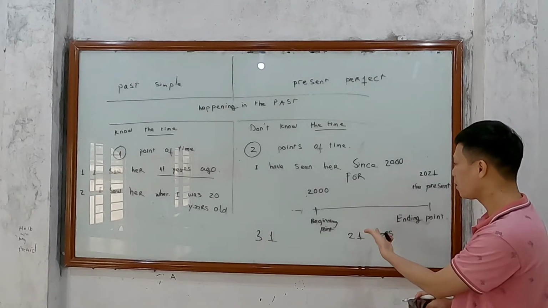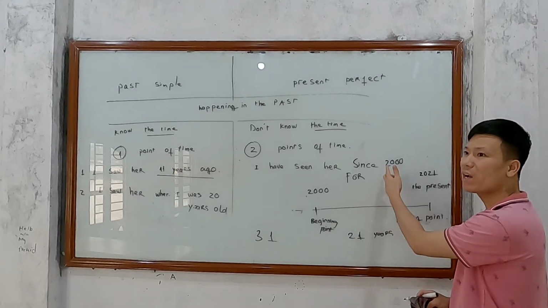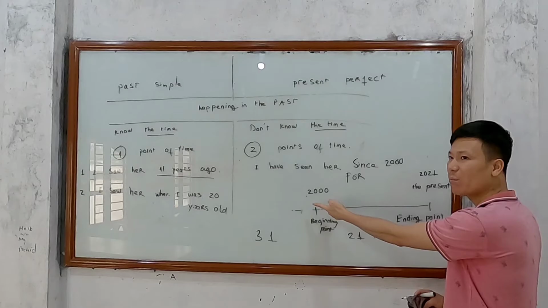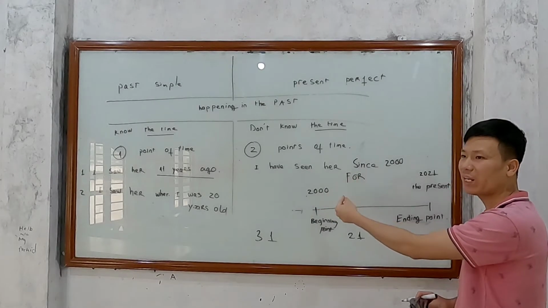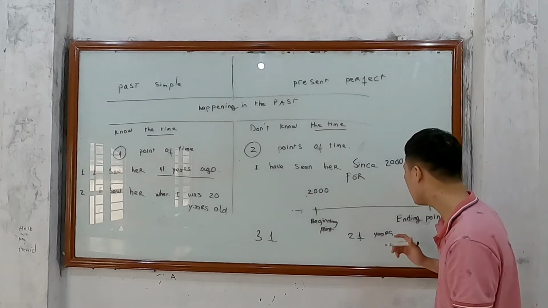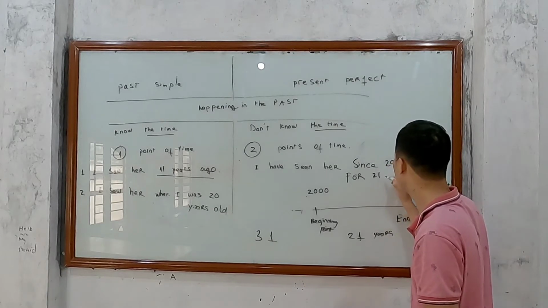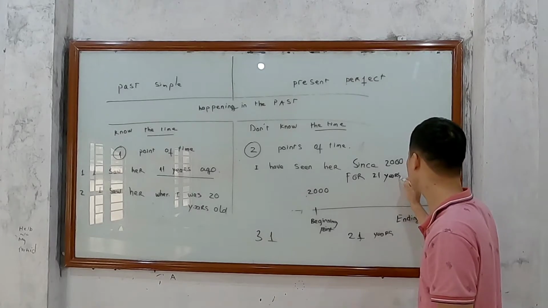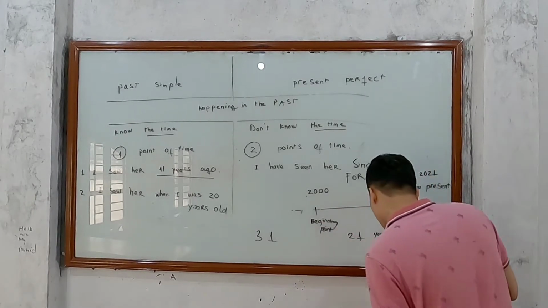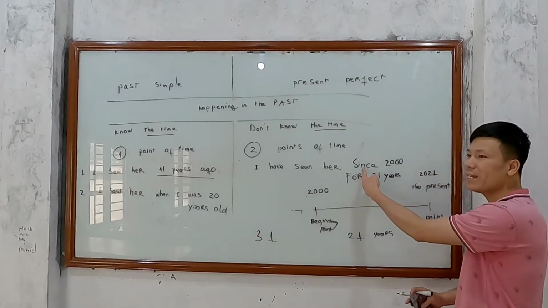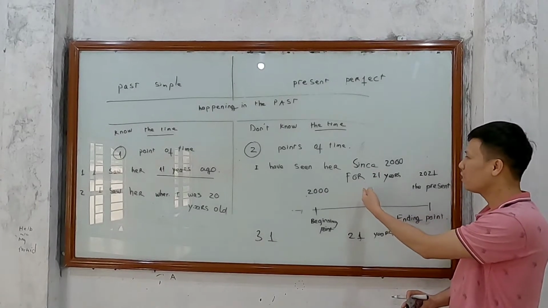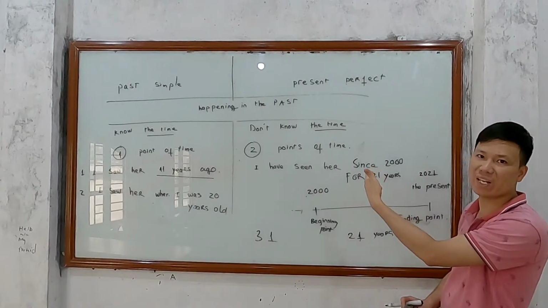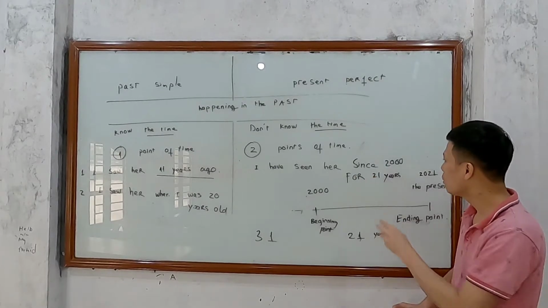We use for if we don't want to tell the beginning point. We want to tell directly the period of time: for 21 years. So since and for express the same idea.